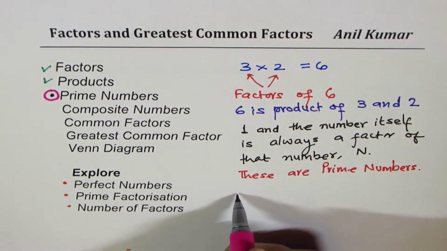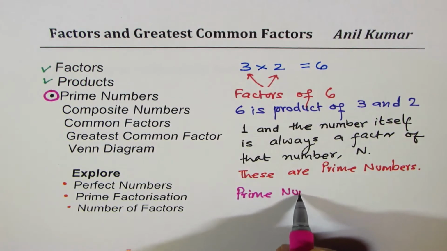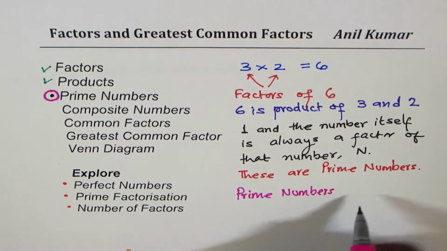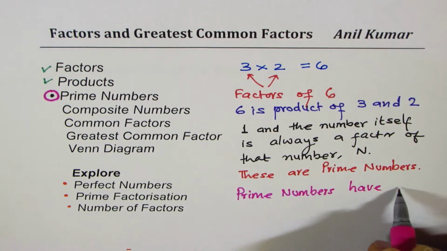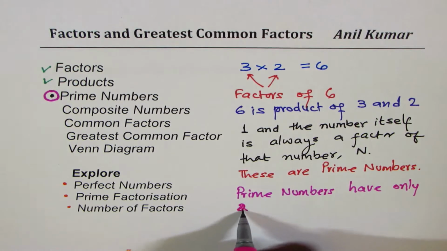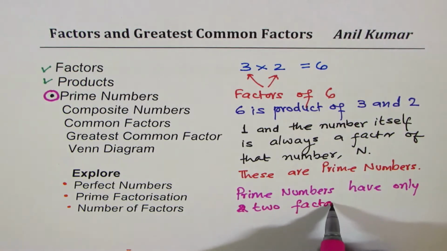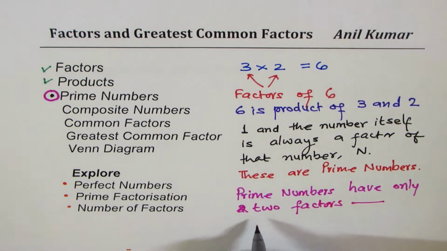So we'll write prime numbers have only 2 factors. I should write 2 factors. And which are these factors?